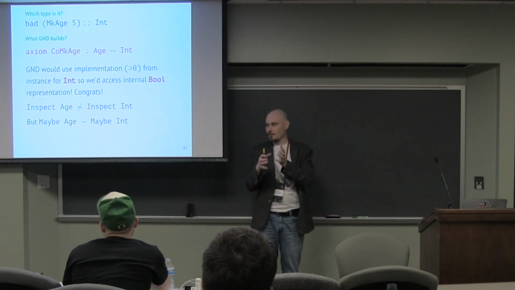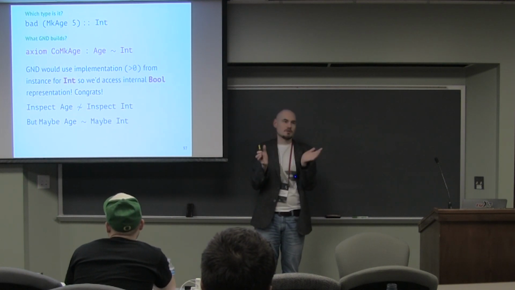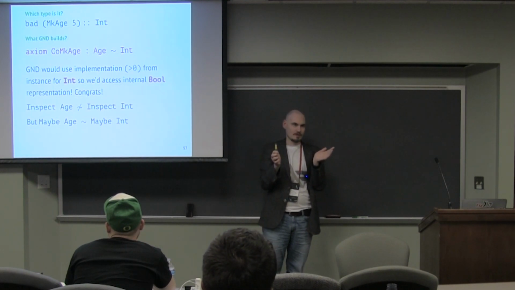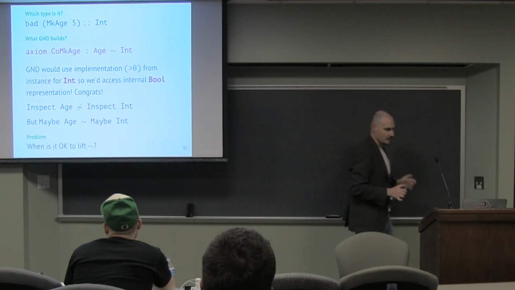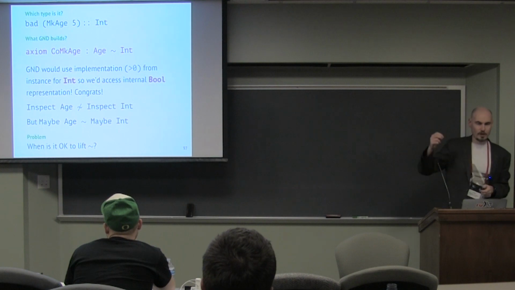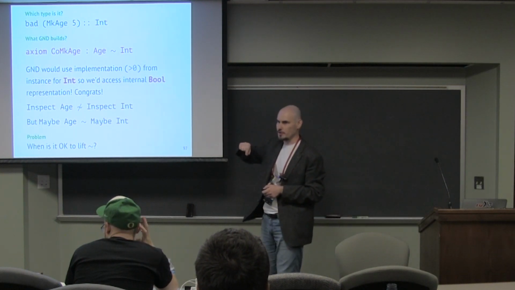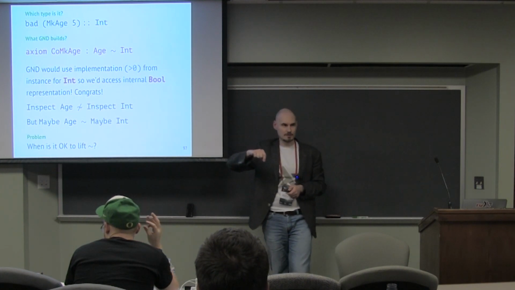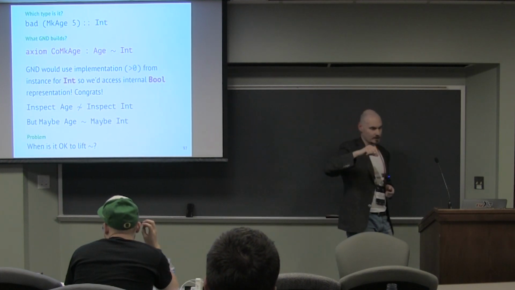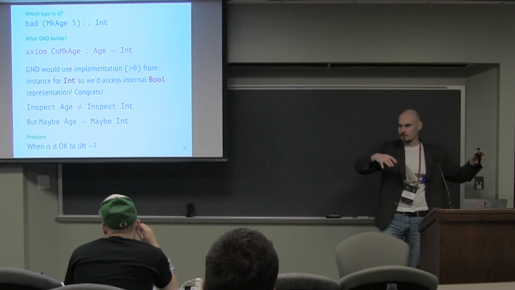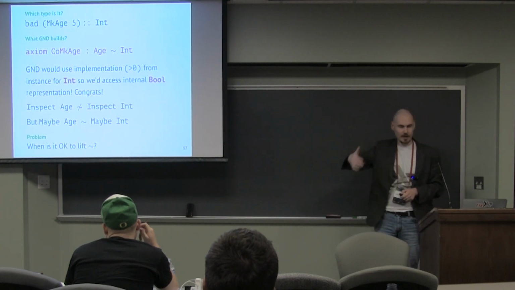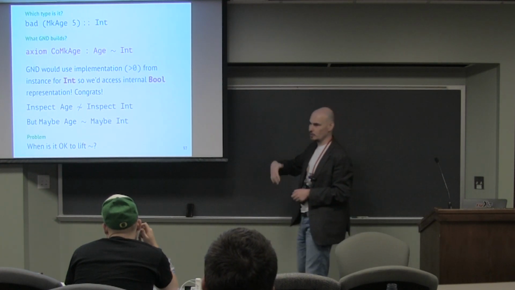So it uses its argument somehow. But maybe is doing nothing with its argument. So the question is when it is okay to use this coercion for these lifted functions. Well, lifted means we have H int and then we add another function there. So when it is okay to do that, when it's not okay.